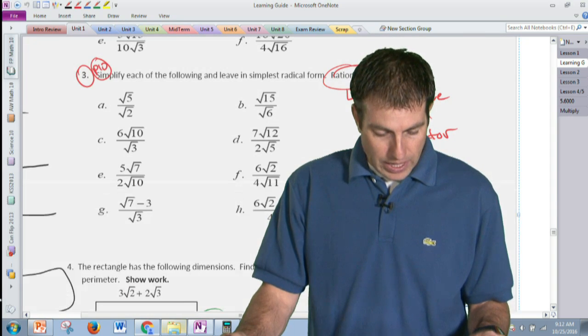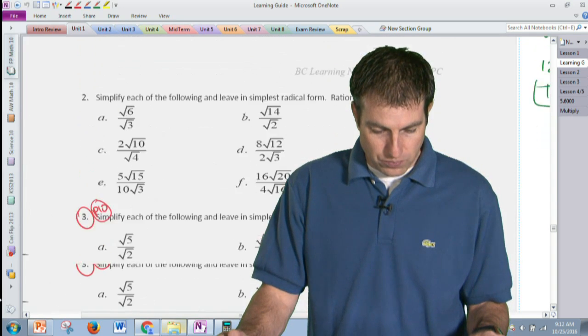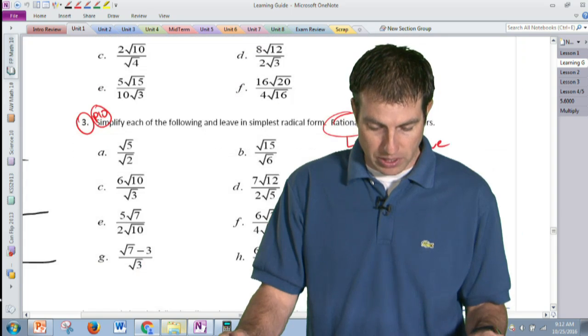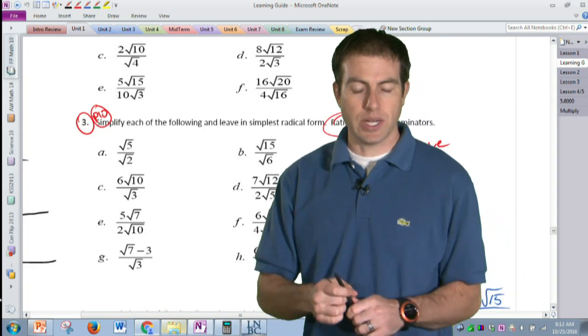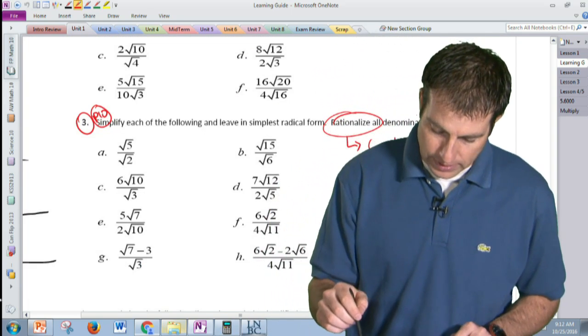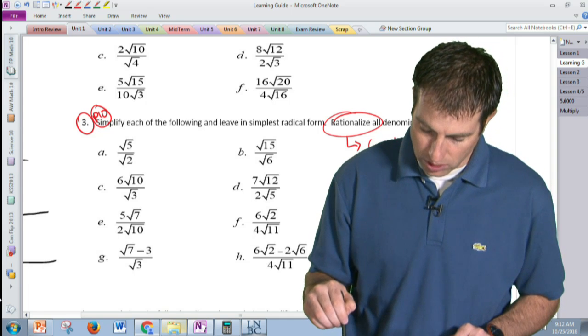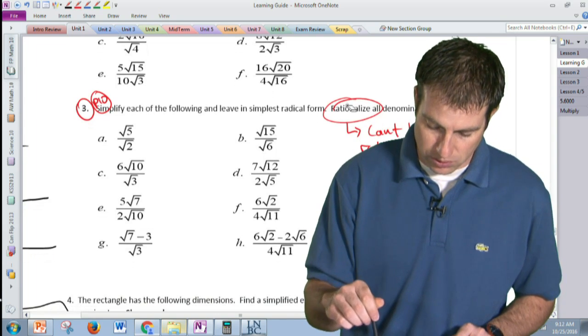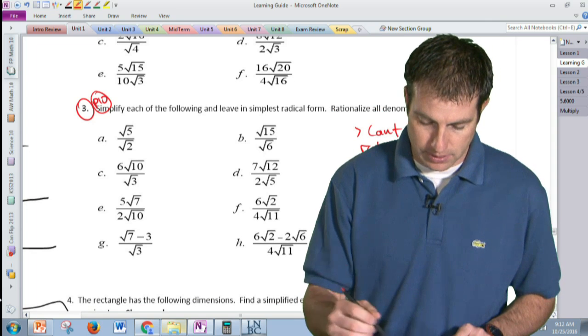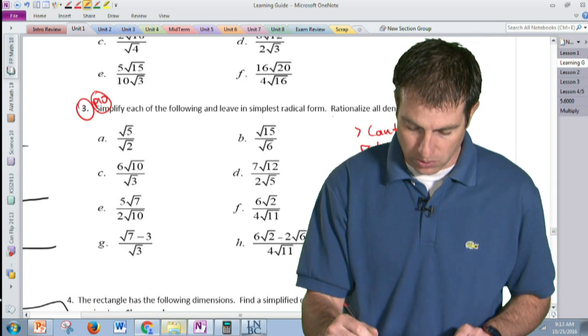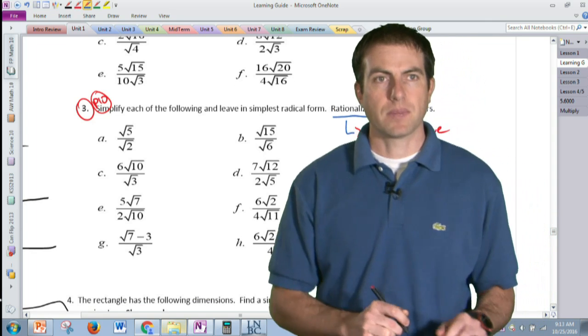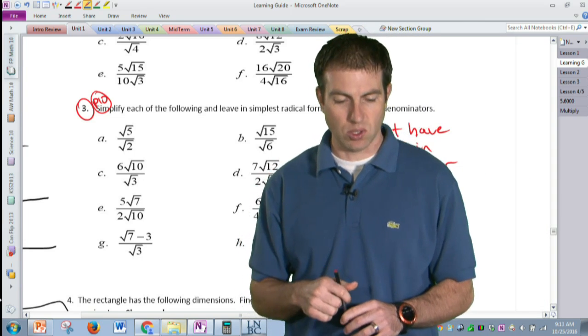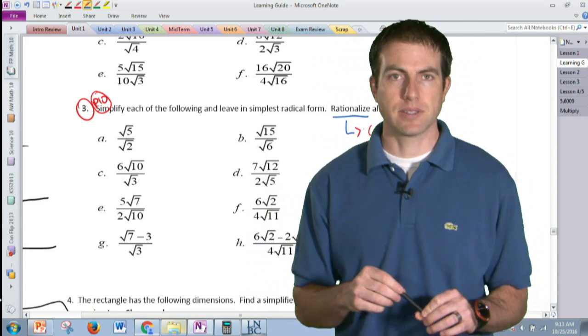Page 10, 3H. That's this rationalizing denominator stuff, which I will go through right now. I didn't talk about this last day because I'd done so much stuff with you guys, and I wanted to make sure that we were absorbing this slowly because it is a lot, this radical stuff.